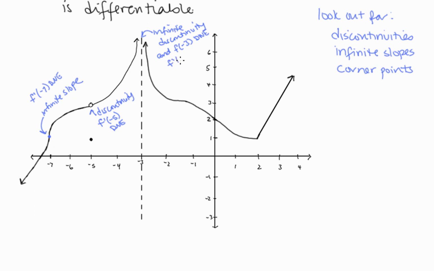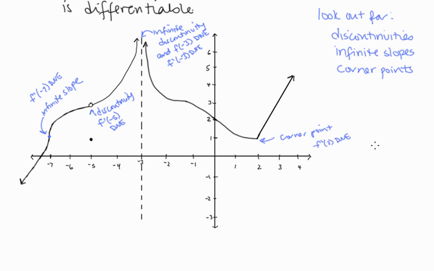So f prime of -3 also does not exist. Now here, at somewhere around -1.5, we have a 0 slope, but that's okay. And then over by x equals 2, we have a corner point. And so f prime of 2 does not exist.